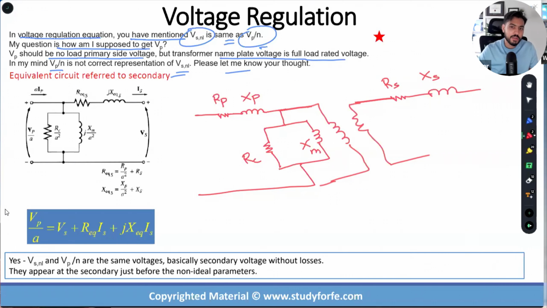So I have incorporated the non-idealities, and then I obviously have to have some sort of voltage transformation. You have the number of turns on the primary and the number of turns on the secondary. And in most textbooks, you're going to see that they show something like this to emphasize that this is an ideal network.